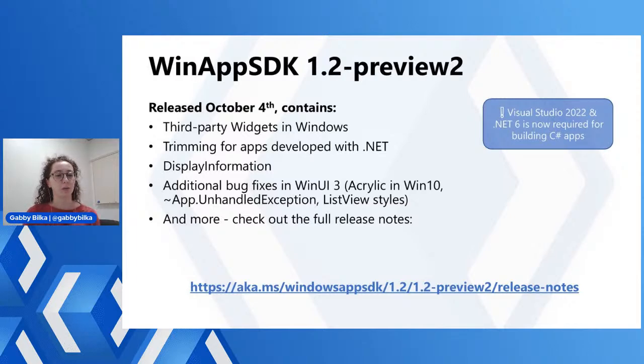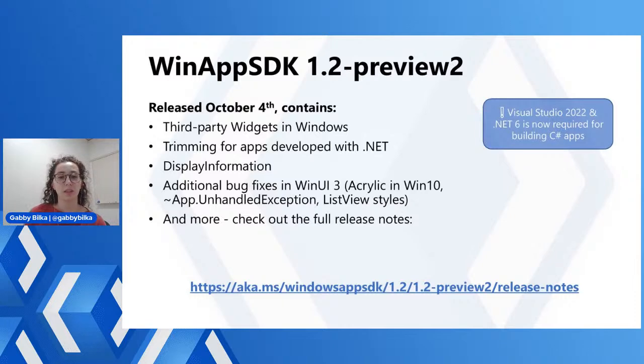This contains third-party widgets in Windows, as you saw with JP, drumming for apps developed in .NET, as you saw with Nano, display information APIs, which are for HDR apps, and we'll talk a little bit more about those in the 1.2 features, as well as additional bug fixes in WinUI 3, having acrylic support in Win 10, some fixes for the app.onHandle exception, which we'll talk about as well during the Q&A, as well as fixing some regressions in list view styles, and more. So check out the full release notes at that aka.ms link or our release channels.